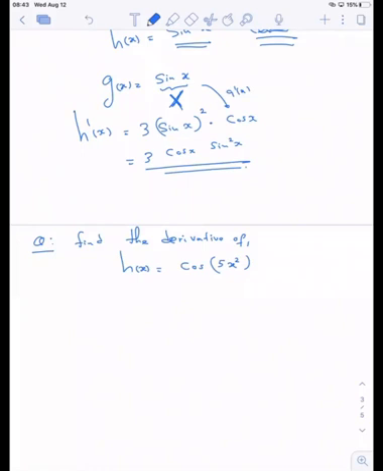So identify what g(x) is, and then everything else will be easy. If it is g(x), then you write cos g(x), that will be minus sine g(x), and then you differentiate g(x) again. That's how you do it.